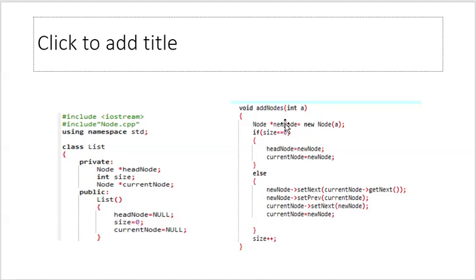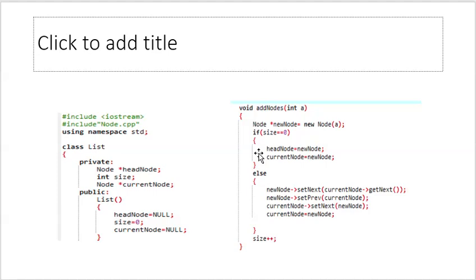So through this function we will add nodes to the linked list. This is the function add nodes, in which we are passing a variable a. Node is the name of the class which we mentioned in our previous file, and new node is a pointer which will create a new node having a.